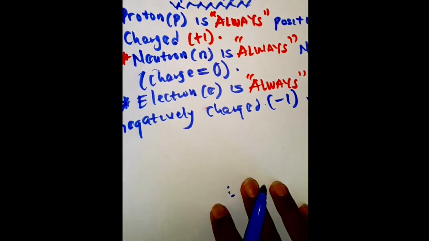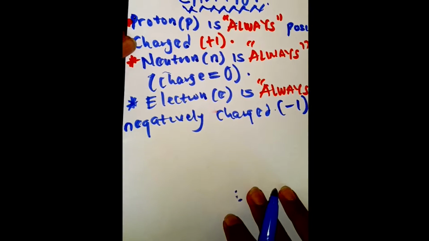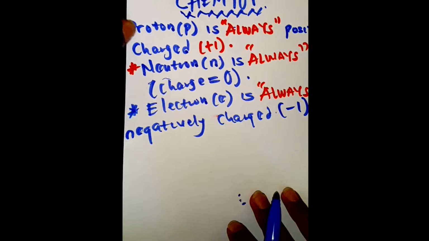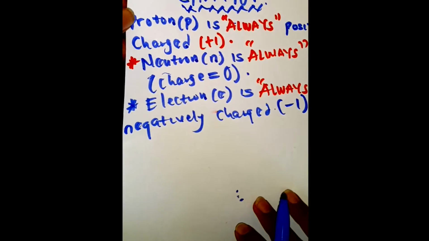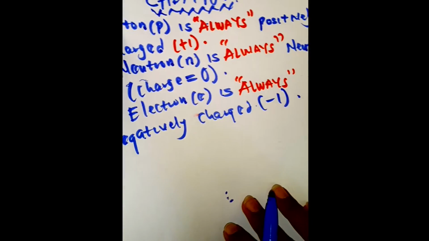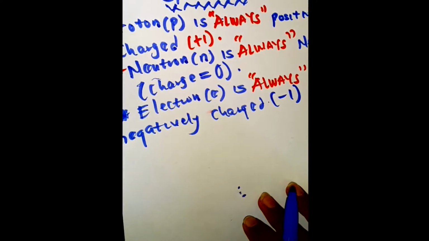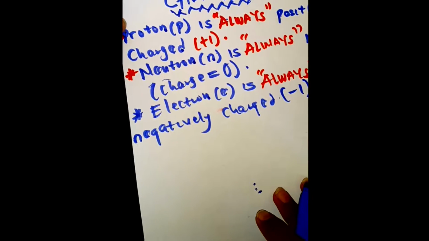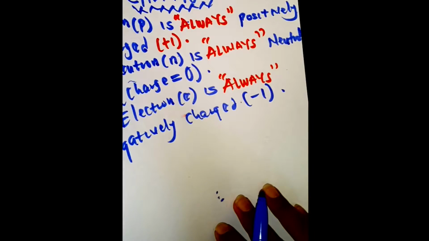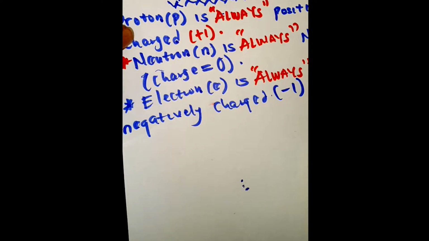So you just have to have all this in mind. Proton is always positively charged. Neutron is always neutral. That means the charge is always equal to 0. And electron is always negatively charged.